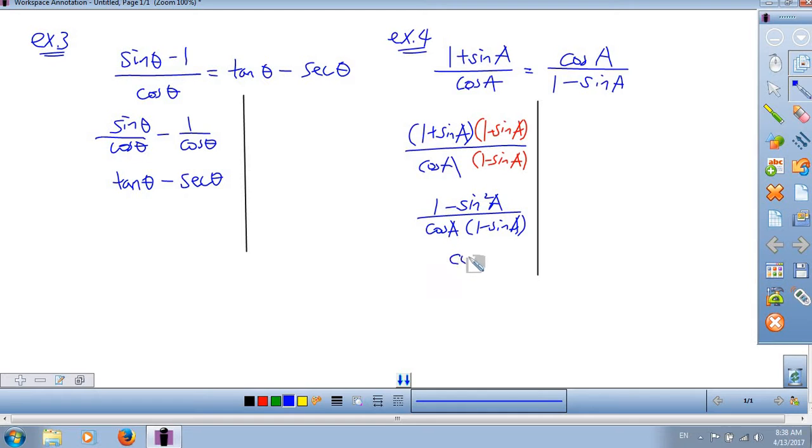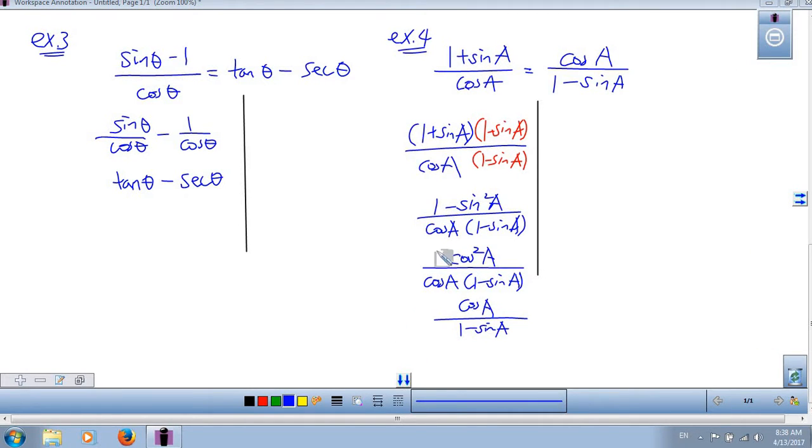So 1 minus sine squared a is cosine squared a, divided by cosine a times 1 minus sine a, and then cosine squared a divided by cosine a is cosine a, divided by 1 minus sine a. So we have proved this: we can transform the left to the right, so they are equivalent.